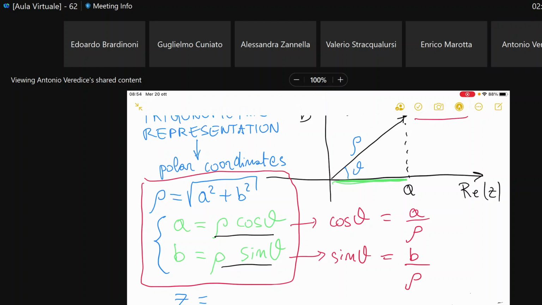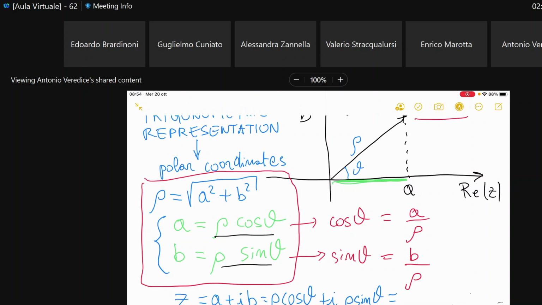Since z is a plus ib, we can rewrite it as rho cosine of theta, since a is rho cosine of theta, plus i times rho sine of theta. Are you okay with it?